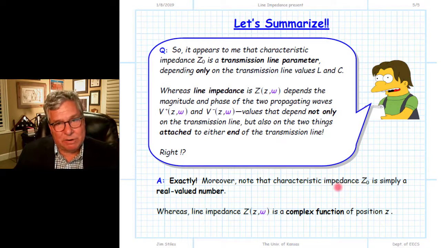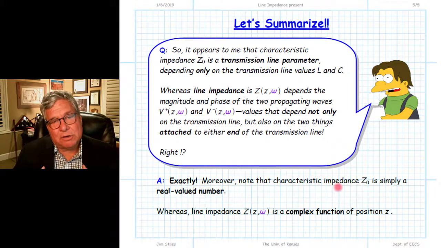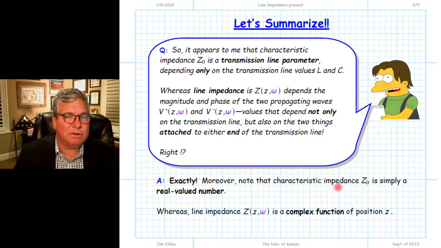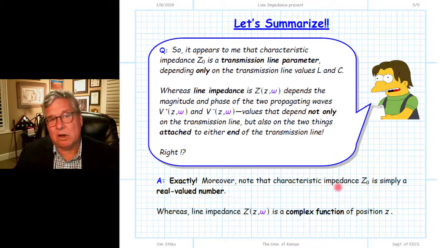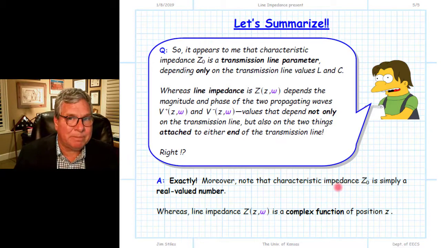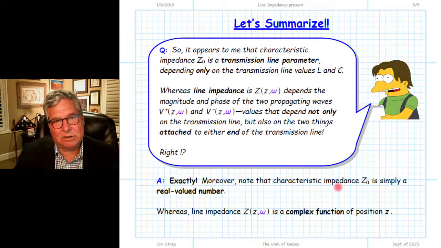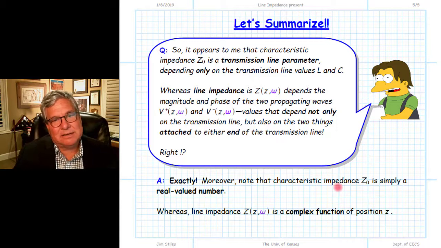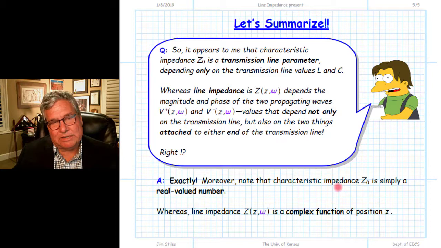Line impedance function, however, is a function that depends on the transmission line parameters, to be sure, Z0 and beta, but also depends on what we connect to the ends of the line, which set up the values of V0 plus and V0 minus. Line impedance function really is a function that depends on our entire circuit, sort of like input impedance depends on the entire circuit. We can't say what the line impedance is until we know what is connected to our transmission line.